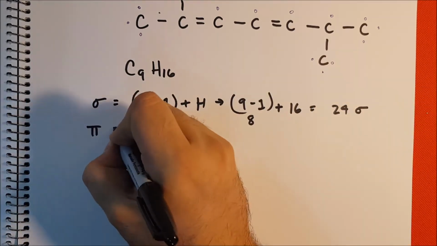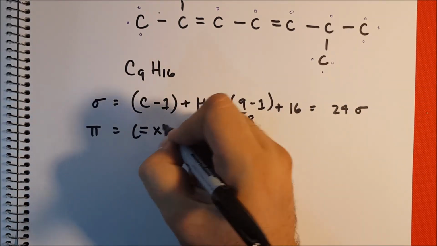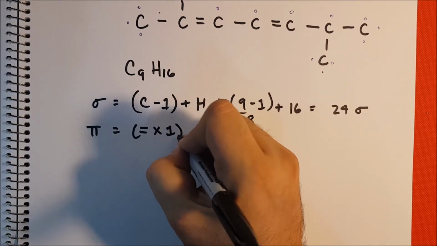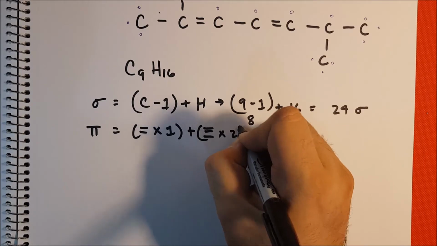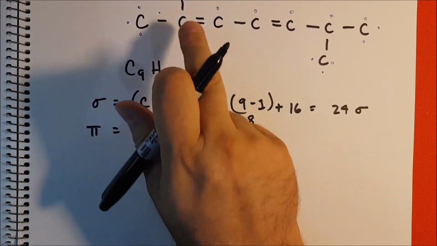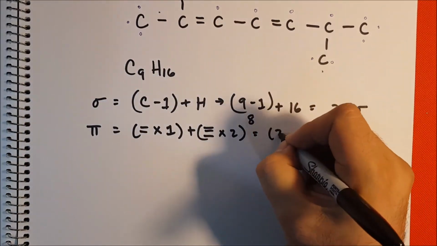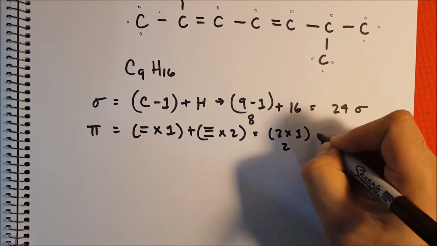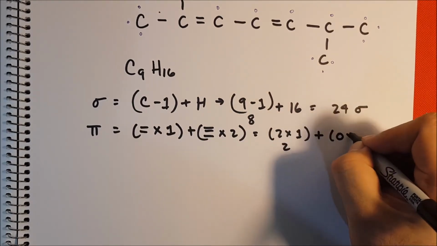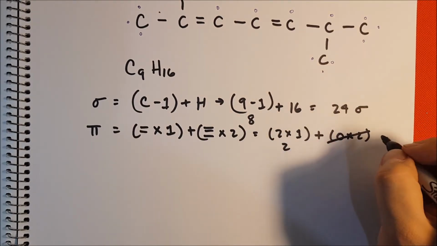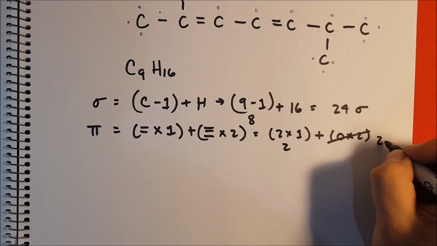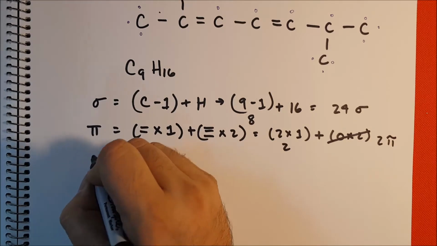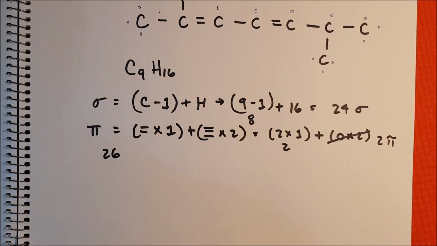Pi bonds is equal to double bonds times 1 plus triple bonds times 2. We have 2 double bonds, 2 times 1 is 2, plus 0 times 2 is 0, so we have 2 pi bonds. So total bonds in general are 26.